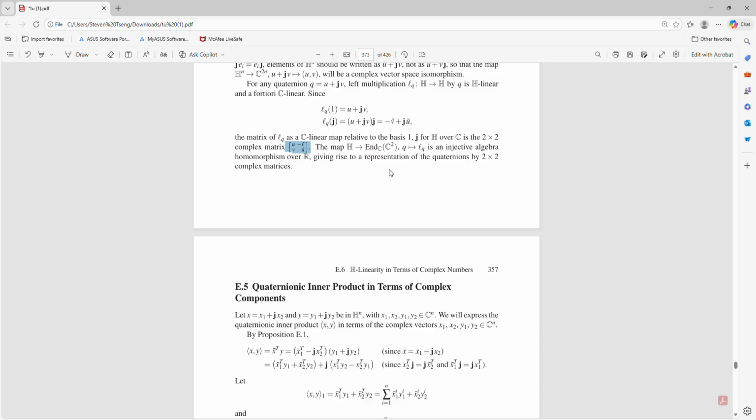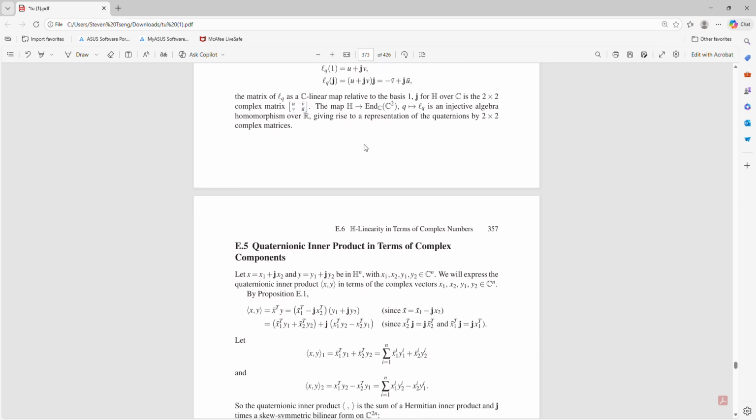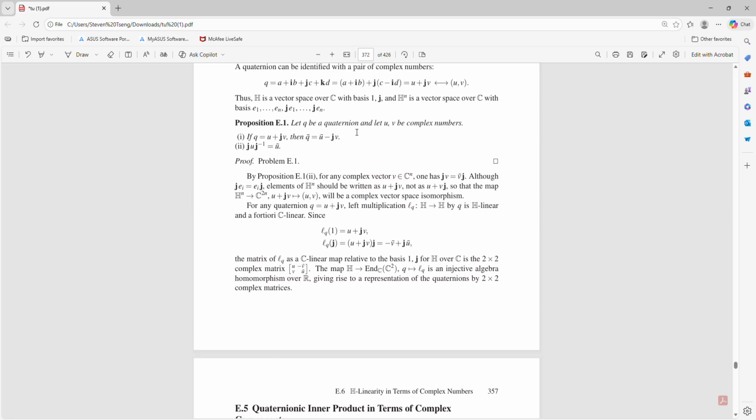And this is an interesting part of this section, I think.